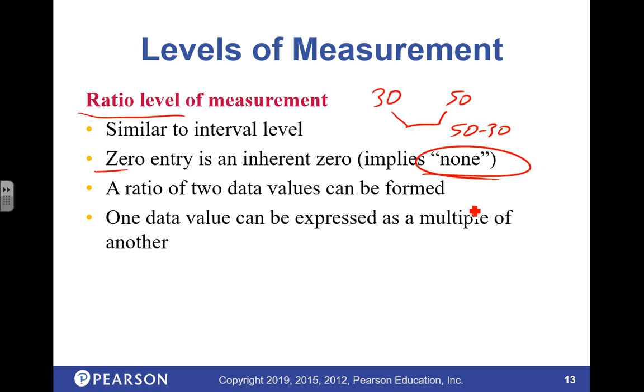This is essentially the only difference between interval and ratio, the fact of zero. So when we were talking about my weight, if I said something weighs 0 pounds, that means that it has no weight. Whereas if I say something is 0 degrees Celsius, that does not mean that it has no heat. It's just a reference point.